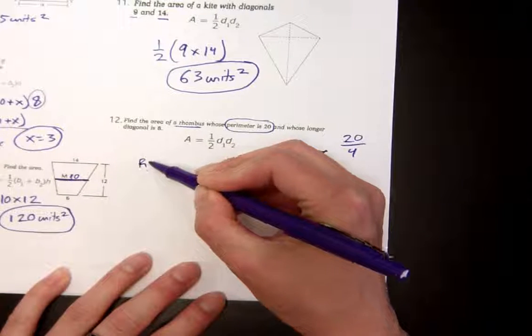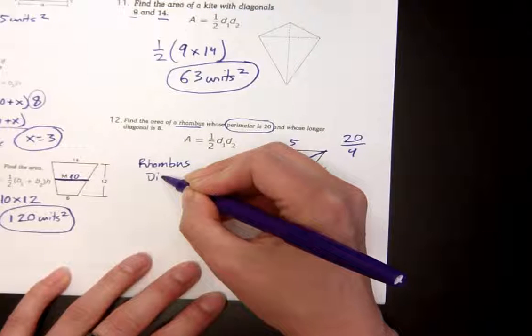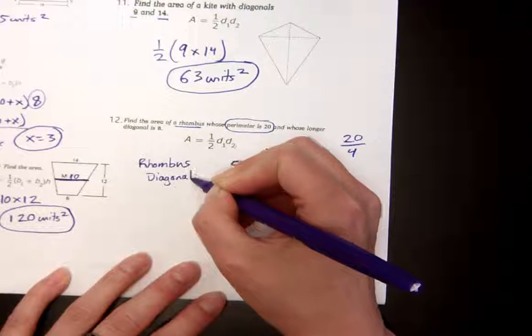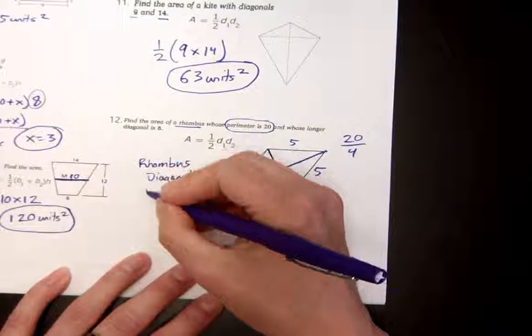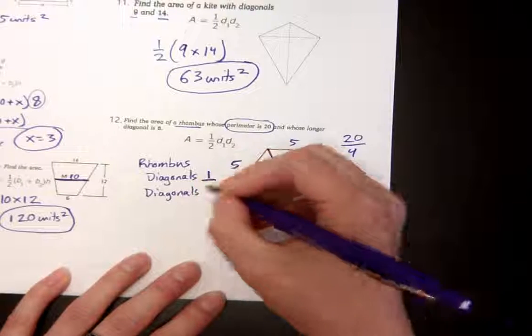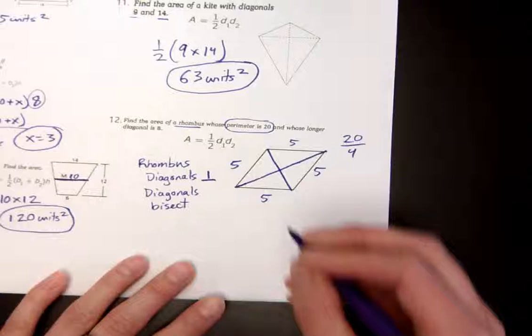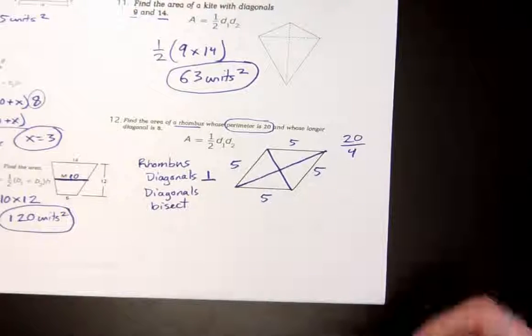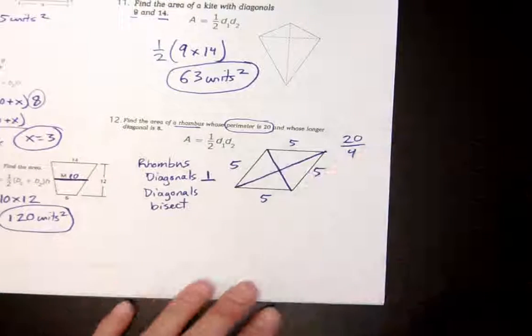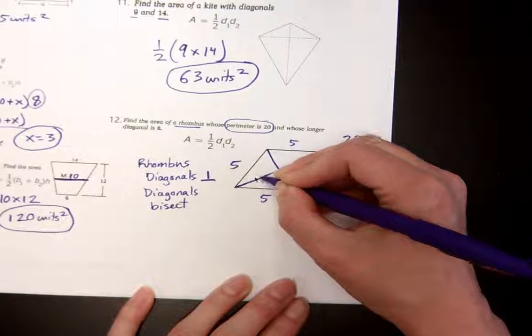So when we have a rhombus, diagonals are perpendicular, and diagonals bisect. So that means when you have problems like this, which you will have, we know all the sides are the same, and we know that this half equals this half.